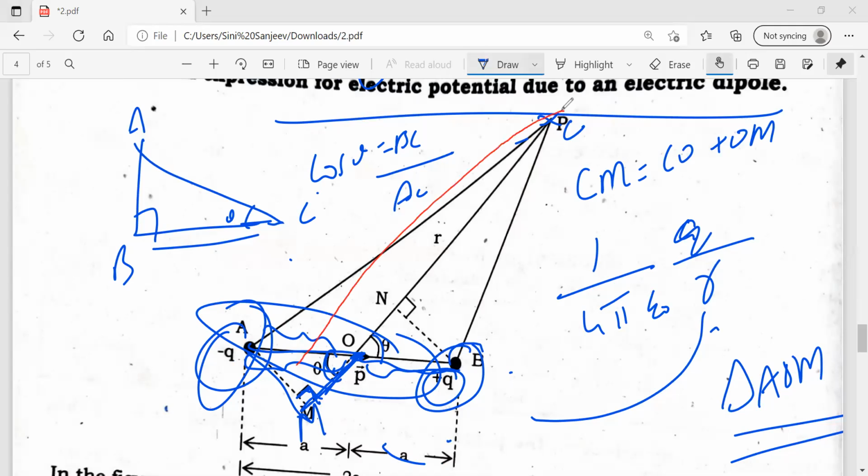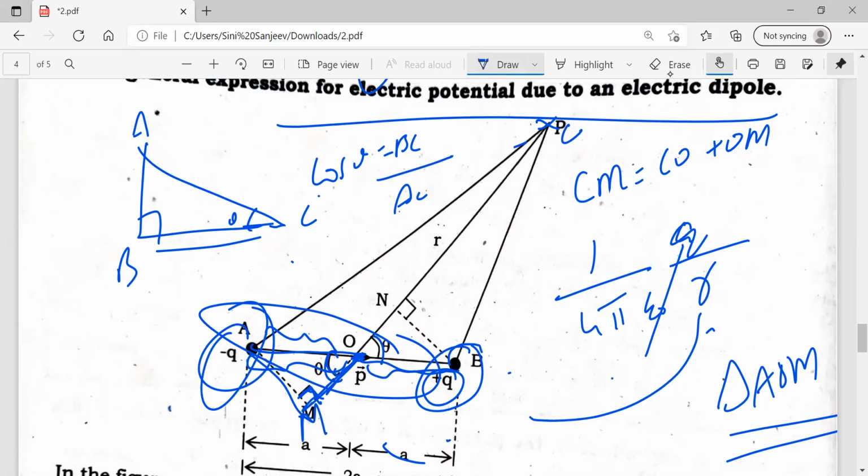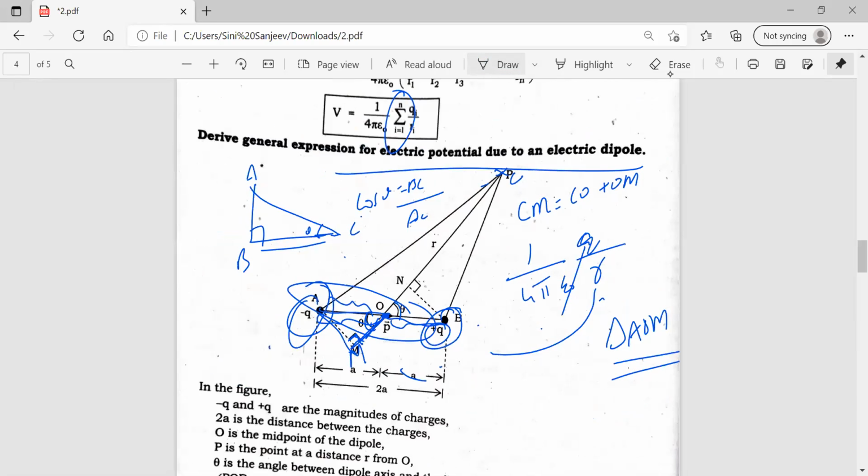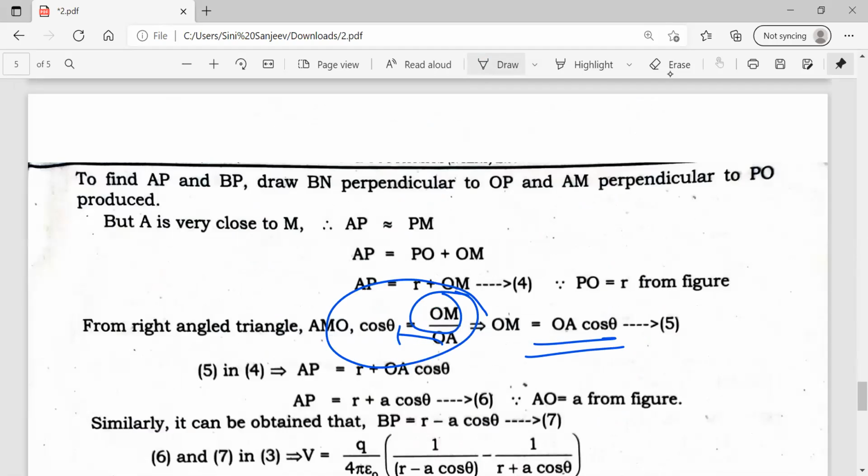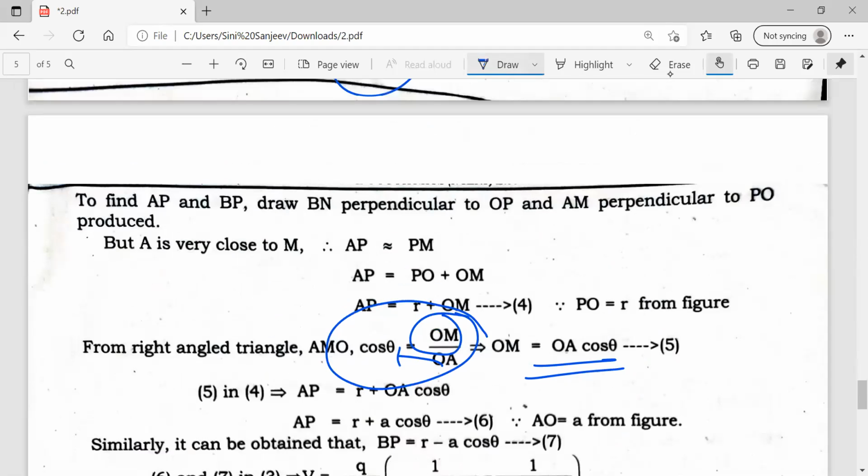This big line is CO plus OM. We have to use this in the coming steps. The book takes AP equal to PO plus OM.